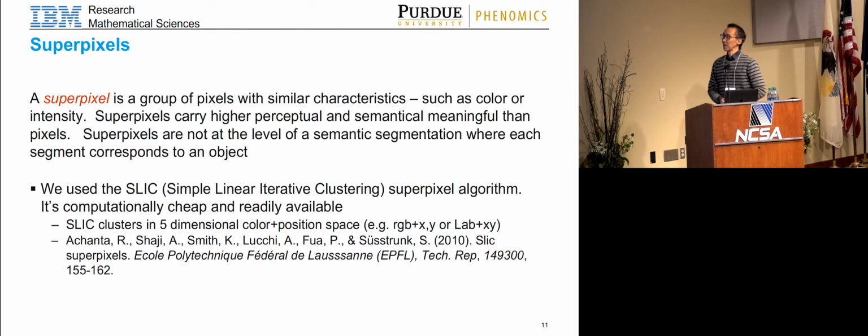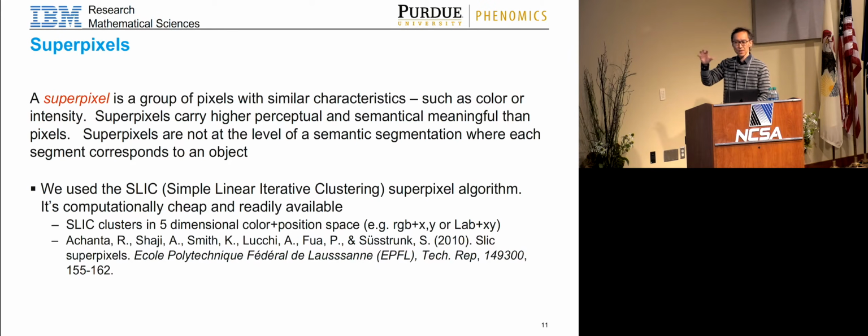So there's a notion called superpixels that's kind of important to explain. A superpixel is a group of contiguous pixels with similar characteristics, such as color or intensity. And so there are big groups of pixels that are more perceptual and semantically meaningful than individual pixels.